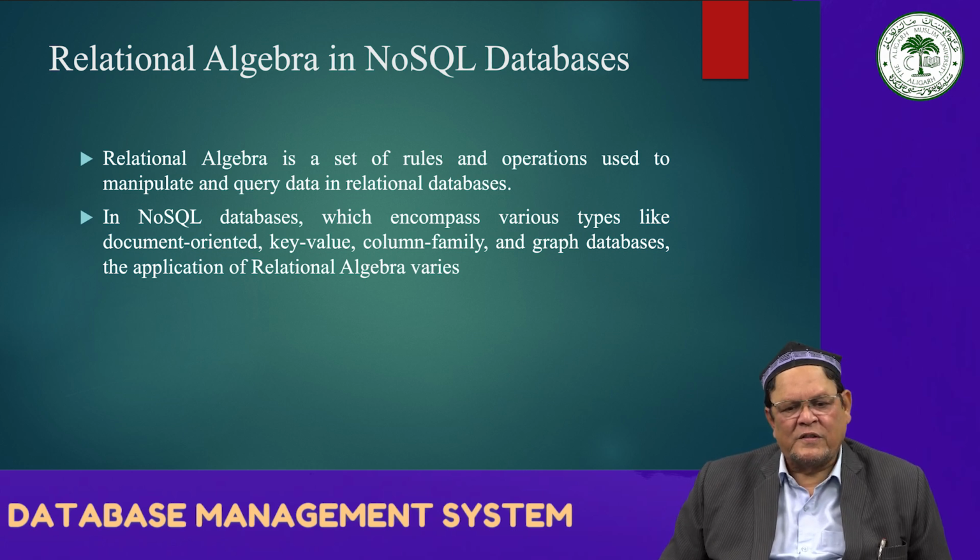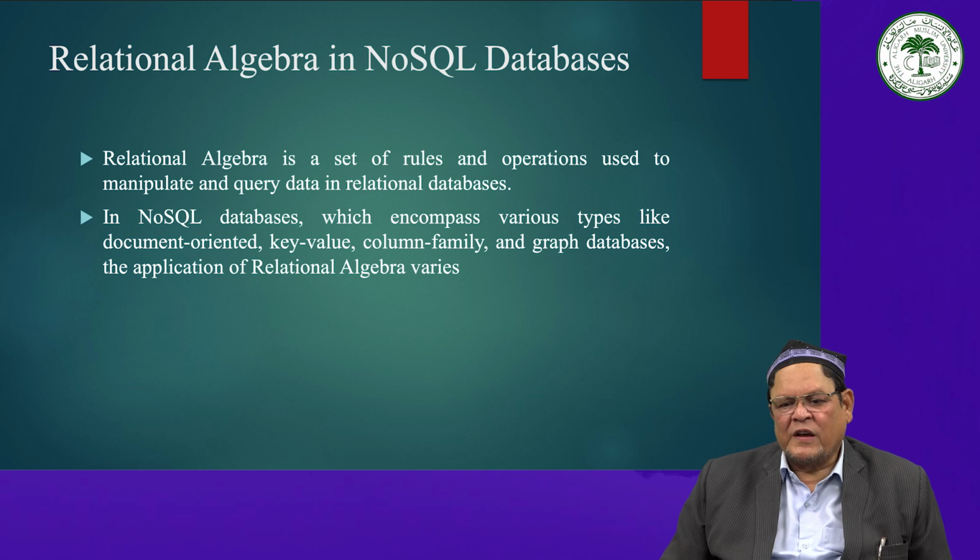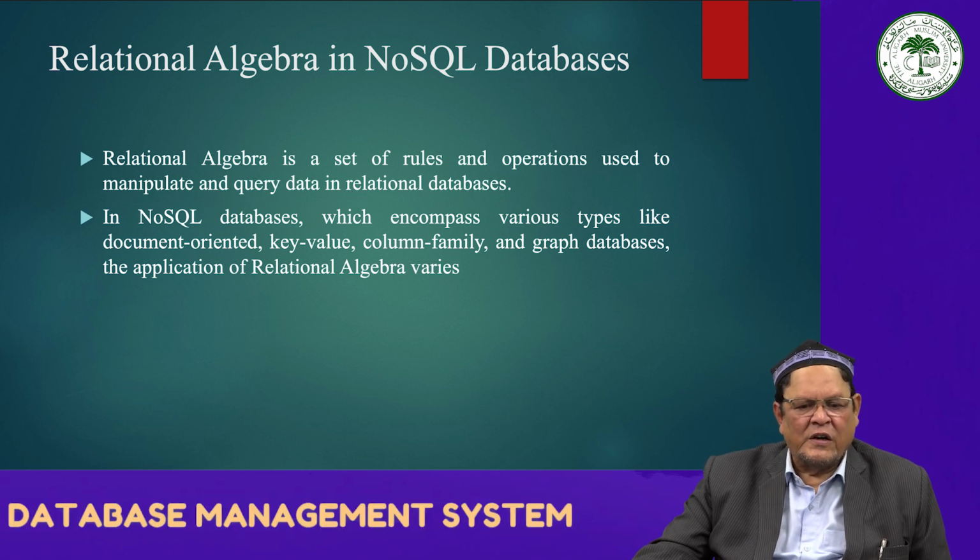Similarly, in NoSQL databases that store data in different ways, like in a big table or as key value pairs, we can still use relational algebra ideas to search through the data and pick out what we need. So even though NoSQL databases and traditional databases are a bit different, we can still use some of the same ideas from relational algebra to make sense of the data we have.